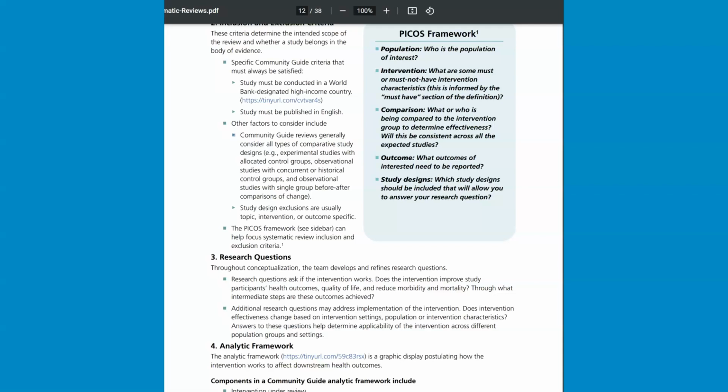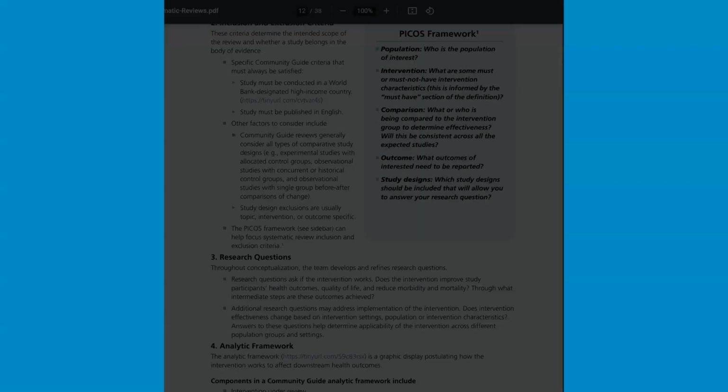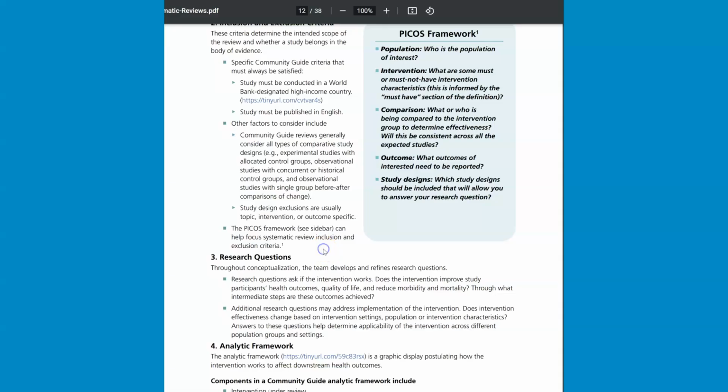So, of course, the next portion of this conceptualization has to do with understanding how to construct the research questions. Now, this is not something that happens overnight. It takes some skill development, but I think practice makes perfect with this.